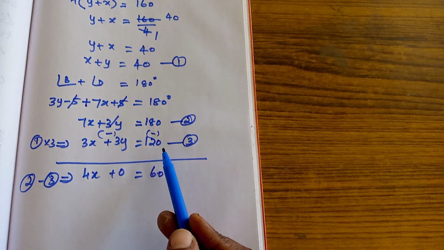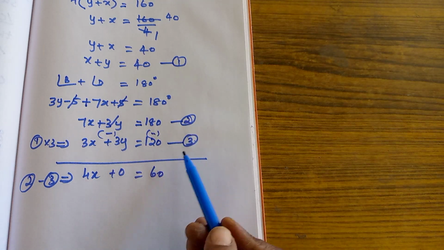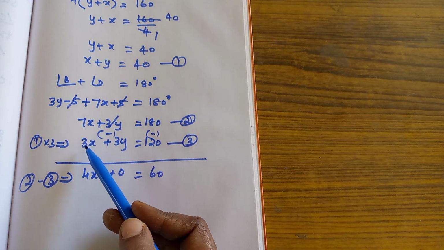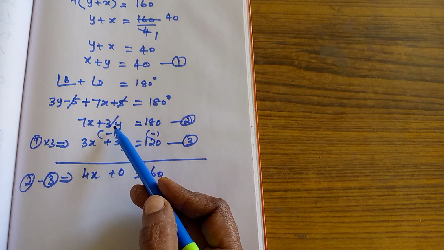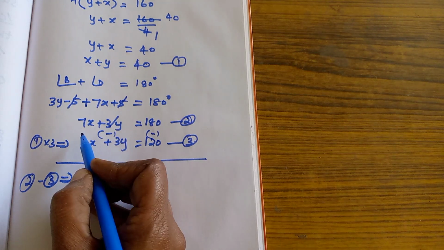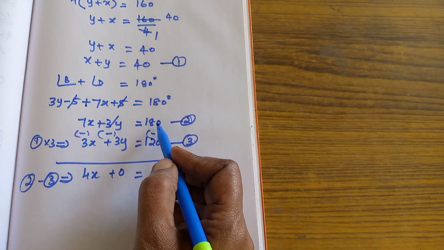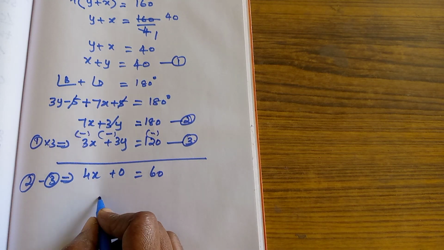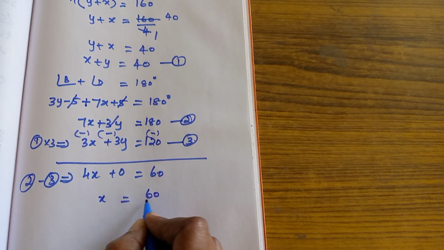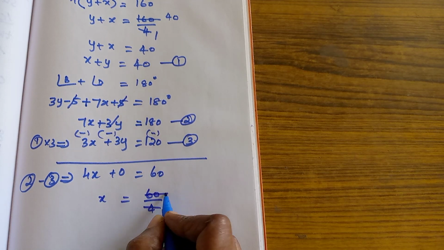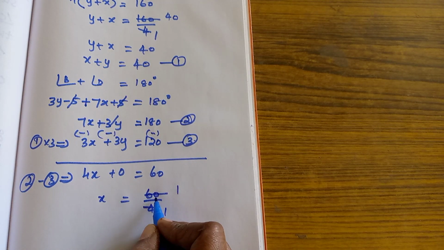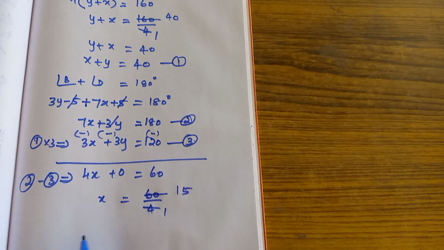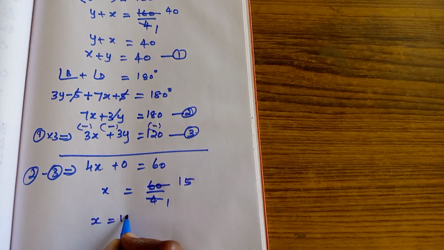Did you understand this one? Equation 2 minus equation 3: 7x minus 3x is 4x, 3y minus 3y is 0, 180 minus 120 is 60. From here, 4x equals 60. x equals 60 by 4, which is 15.